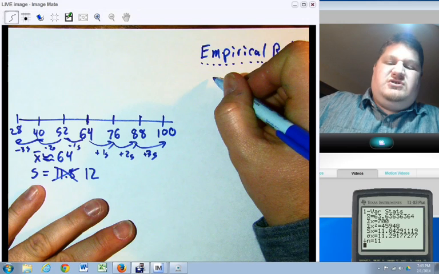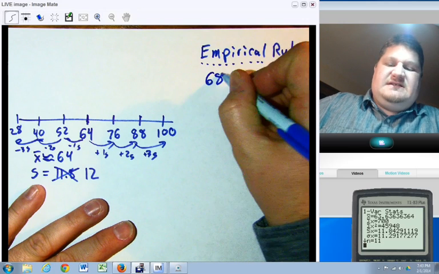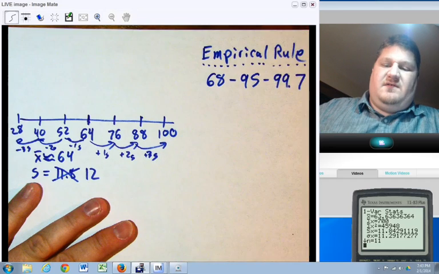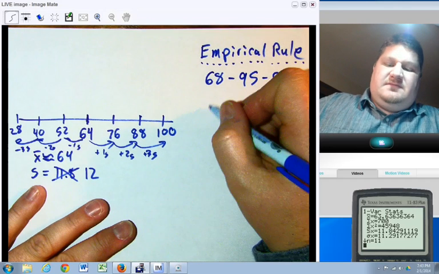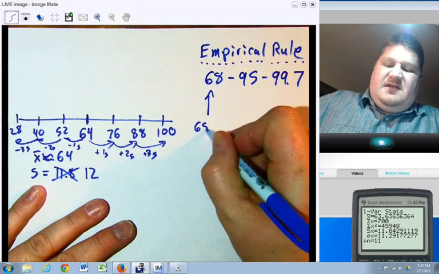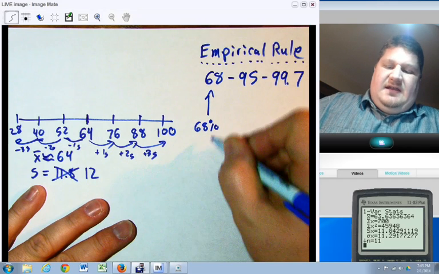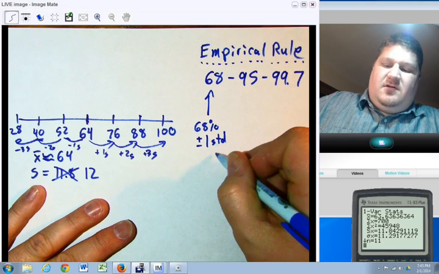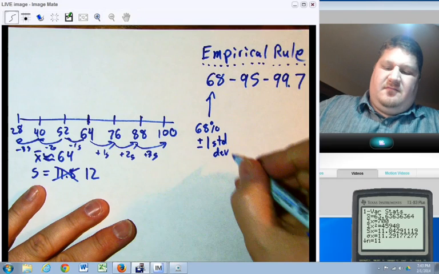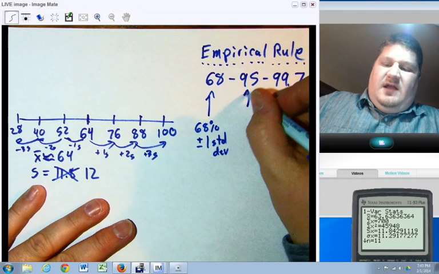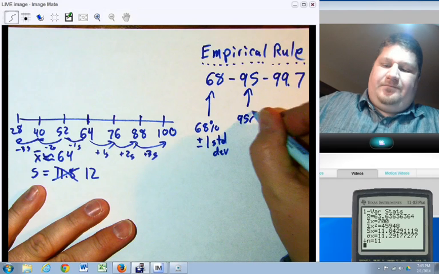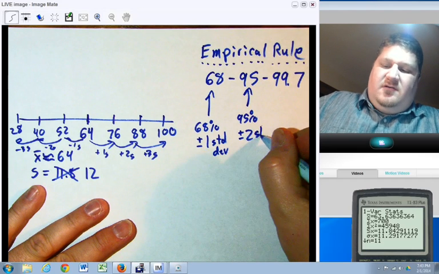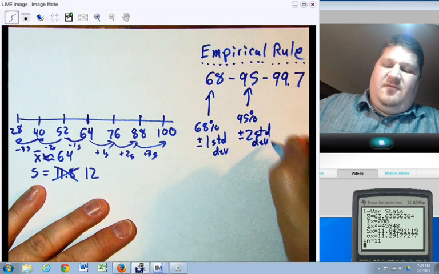But the numbers that you need to remember with the empirical rule are 68, 95, 99.7. What it means is that 68% of the data should be within plus or minus 1 standard deviation from the mean. 95% should be within plus or minus 2 standard deviations from the mean.